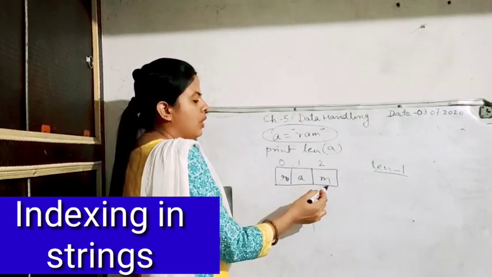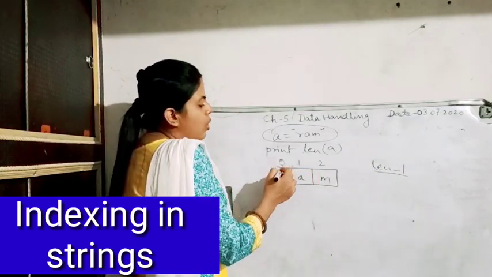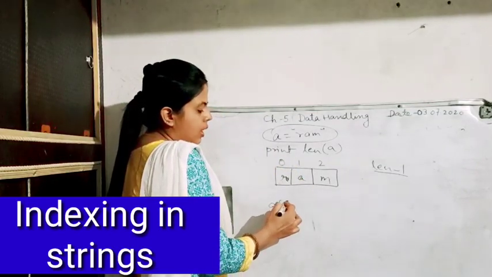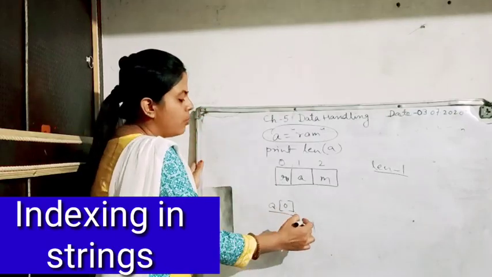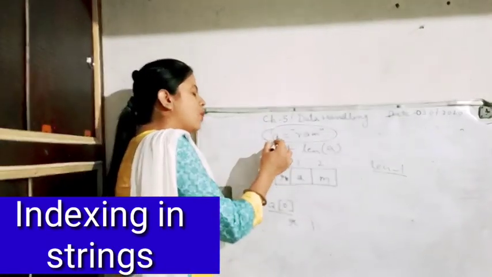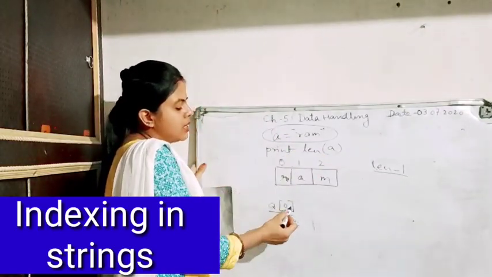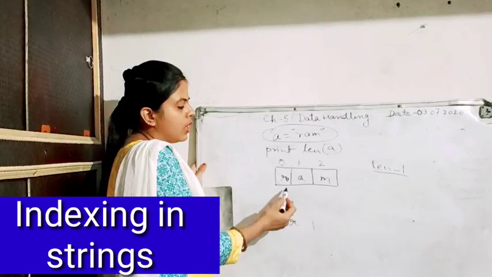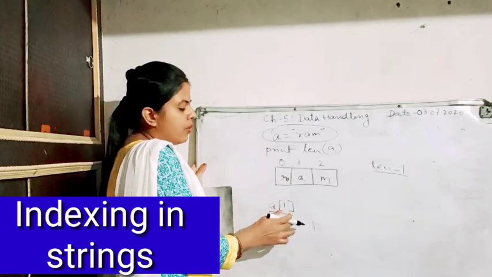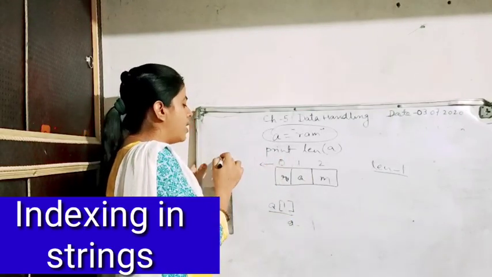So suppose the length is 3, it will go till 2. If you want to access the R only, you have to write a at position 0. Then it will give you the output only R, not Ram. When I write print a only, it will give me the output as Ram. When I write a[0], it will give me the answer R. And if I write a[1], it will give me the answer as a. This is called forward indexing.